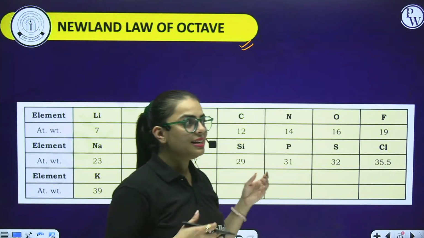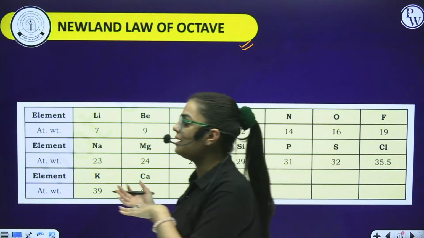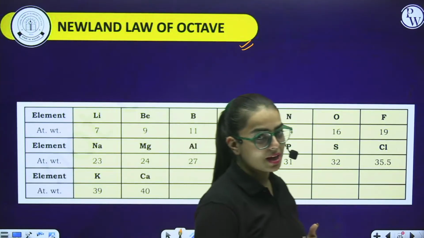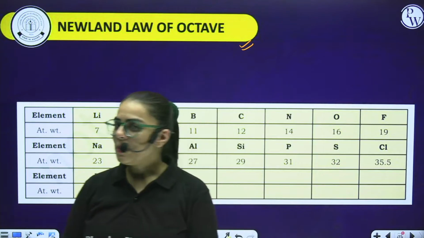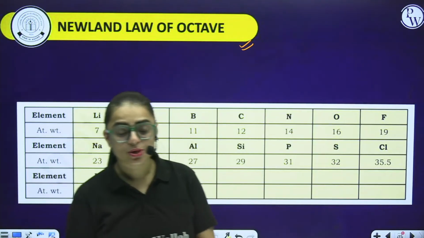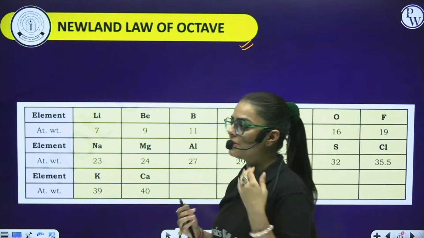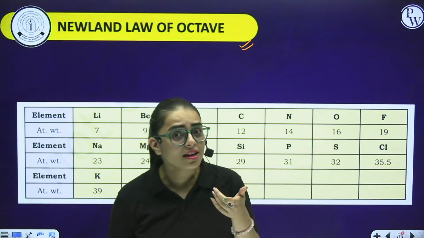Basically, when he assigned elements based upon, again, the atomic weight, he focused upon the musical notes. Musical notes, students, do you like music? Even I do like music. Have you heard about the sargam? Sa, re, ga, ma, pa, dha, ni, sa.